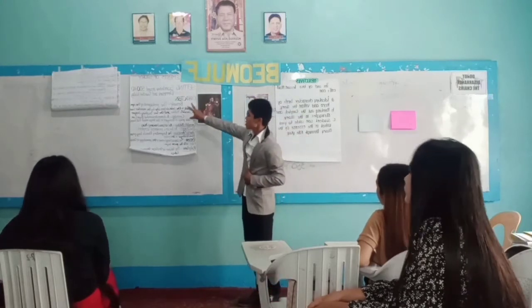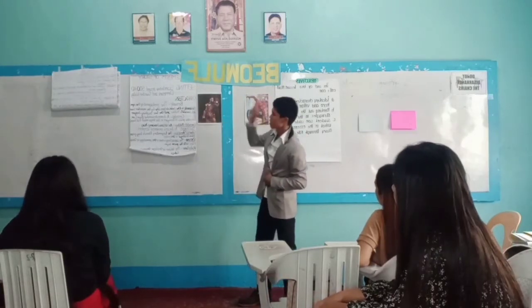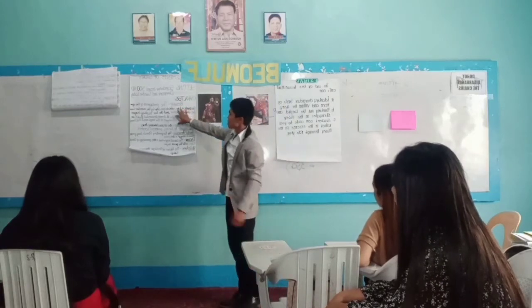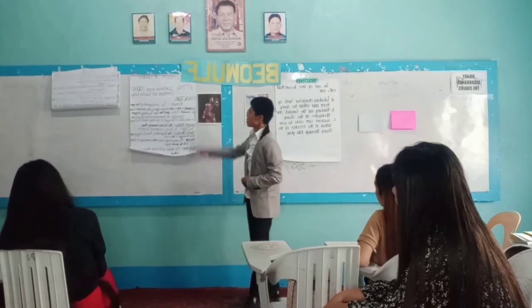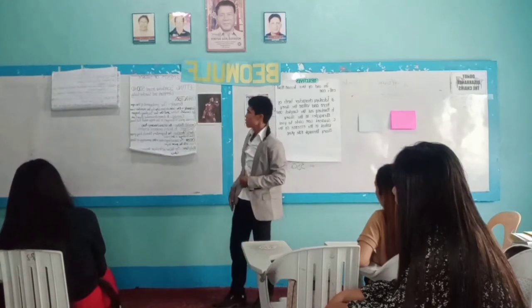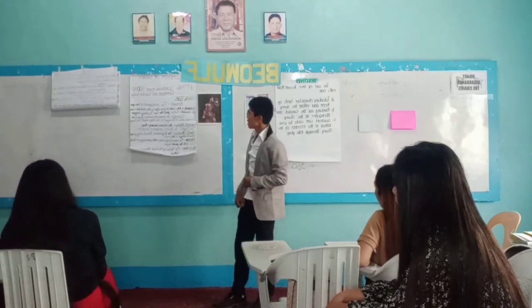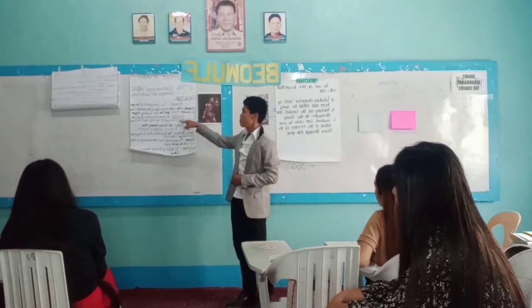Okay, the characters of the story. These are the main characters of the story. First character is Beowulf, the protagonist of the epic poem. Beowulf is the greatest hero who defeats the monster Grendel, Grendel's mother, and the fire-breathing dragon.